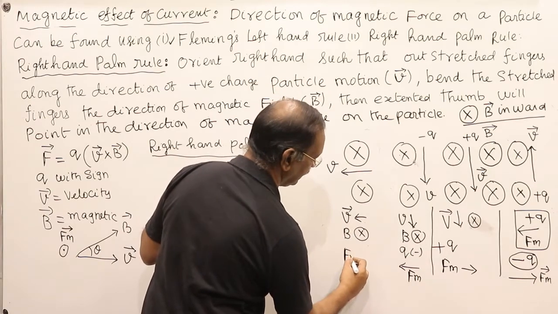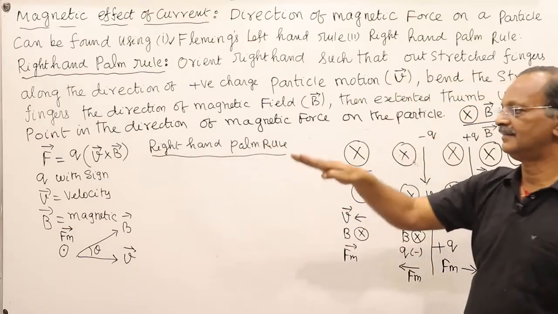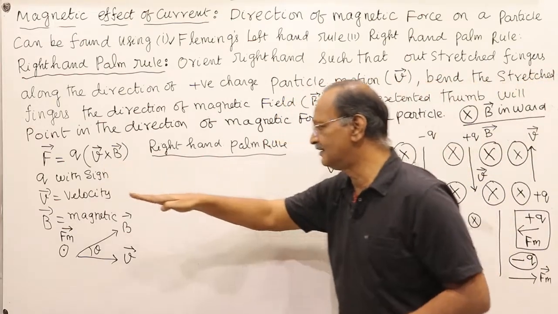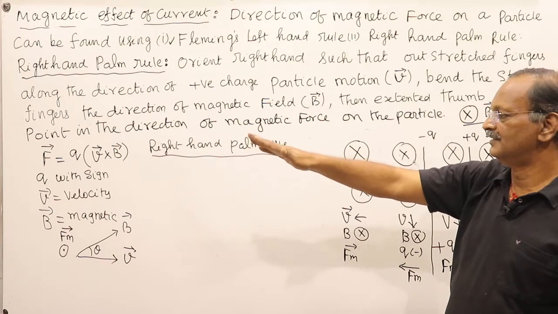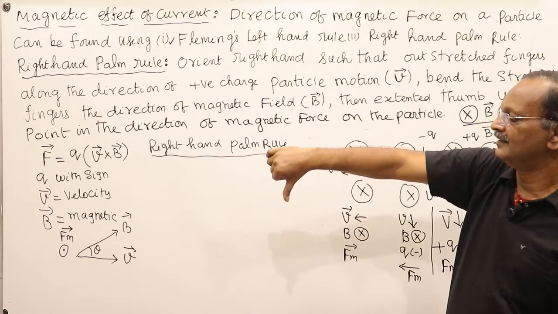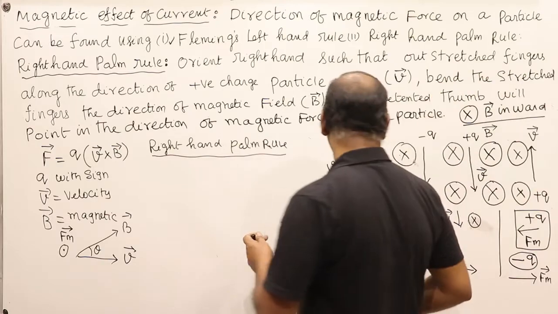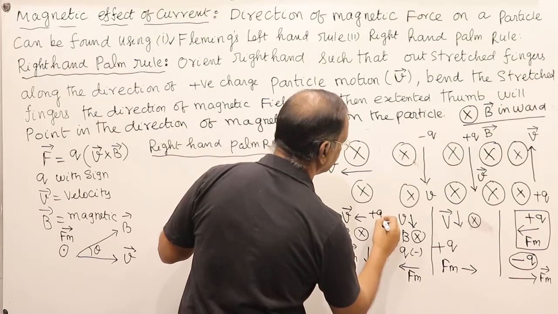Magnetic force will be, let us check once again, with the right hand, first we will put the fingers in the direction of velocity, and the magnetic field is inward, so we have to move this towards B. Now we will tilt it like this, and the thumb points downwards, so it will be in the downward direction for positive charge.